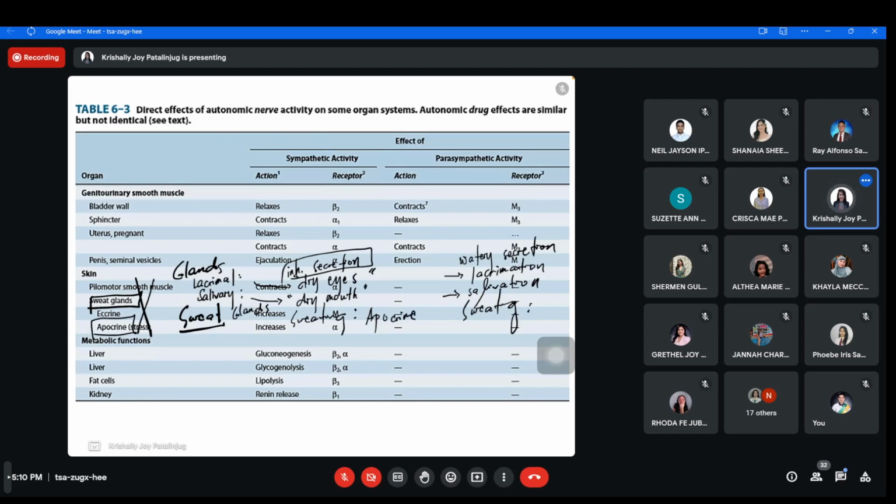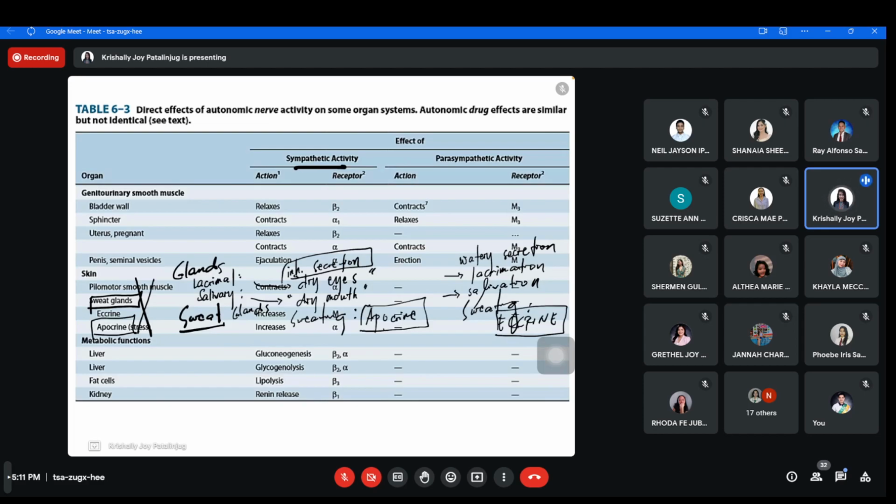Okay? It's the apocrine sweat gland, yung being mediated under sympathetic response. Kapag naman parasympathetic, it's the eccrine. Okay? It's the eccrine gland.